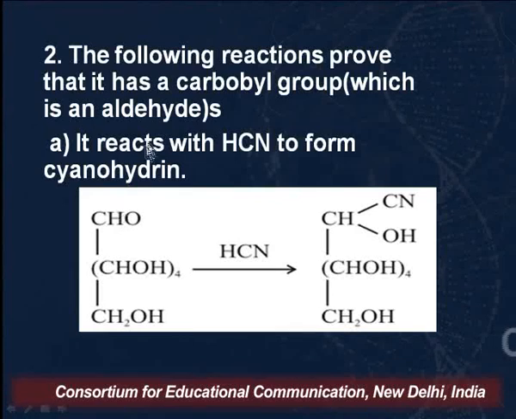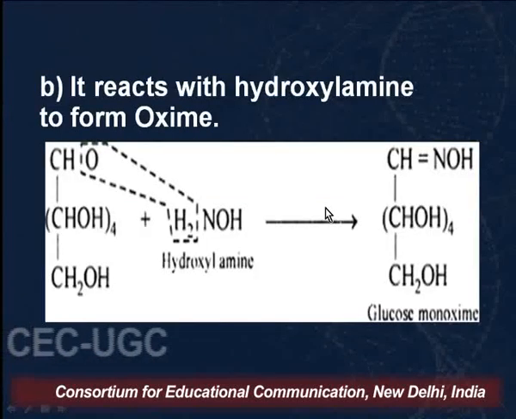Here you can also observe that in the process, a new chiral carbon is generated, and there is also lengthening of the chain. But nevertheless, this reaction proved that it has a carbonyl group.